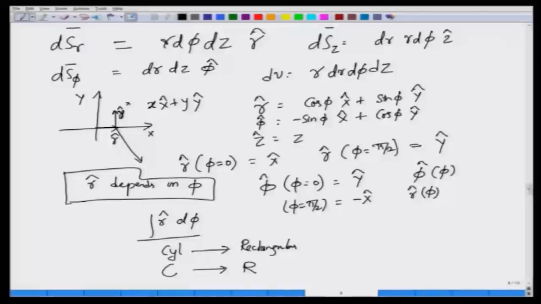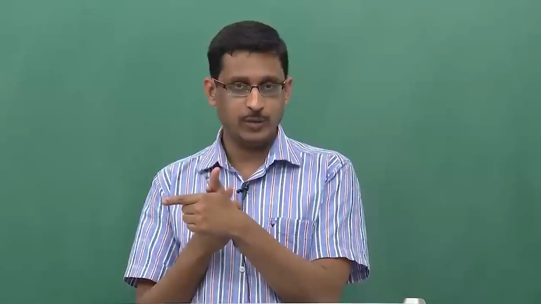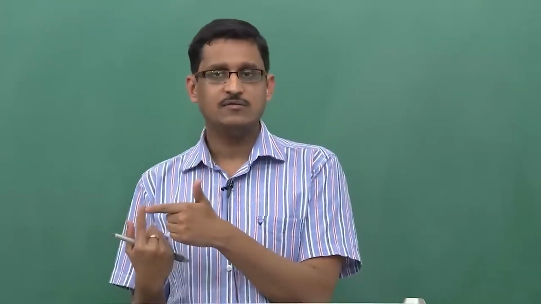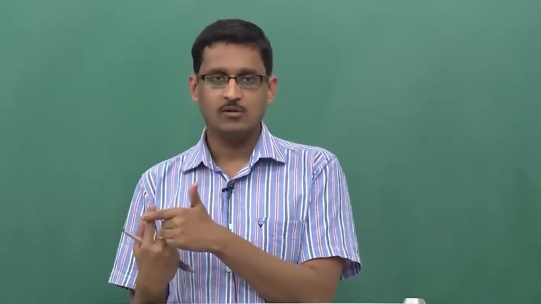So in this case you can clearly see that this cos phi would represent the dot product of the unit vector r hat with the unit vector x hat. Similarly, sin phi would represent the dot product of the unit vector r hat and the unit vector along the y direction.